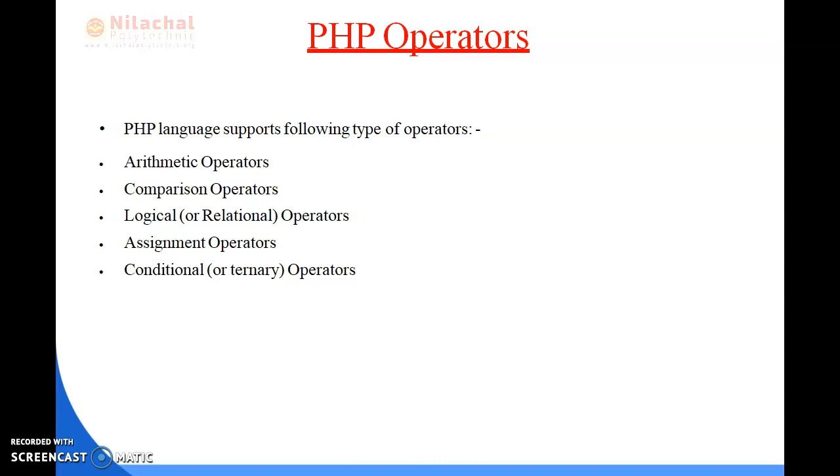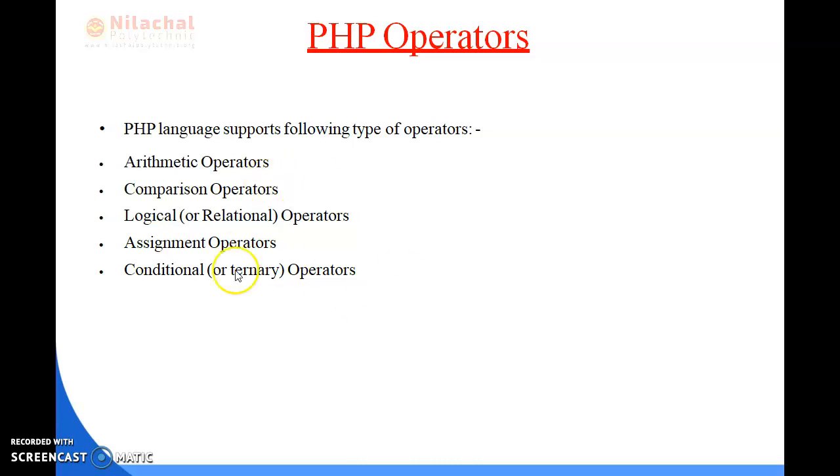Next, let's see the logical operators used in PHP. The PHP logical operators are used to combine conditional statements. Some examples are and, or, not. These are the examples of logical operators.